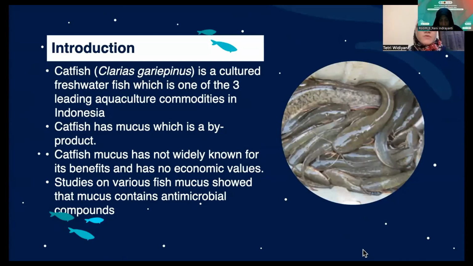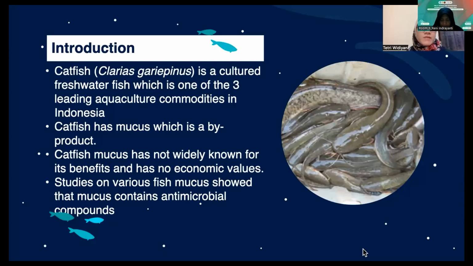Catfish has mucus, which is a byproduct. Catfish mucus is not widely known for its benefits and has no economic value. Mucus is the first body defense for the fish. Mucus is a physical barrier between the fish body and its aquatic environment.